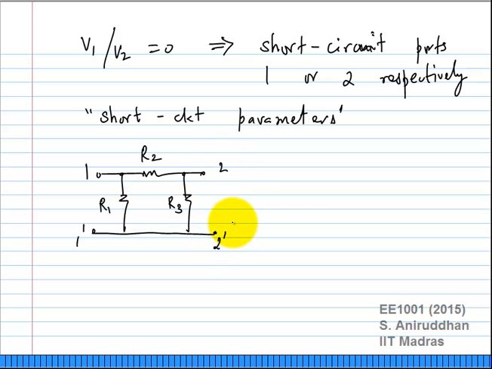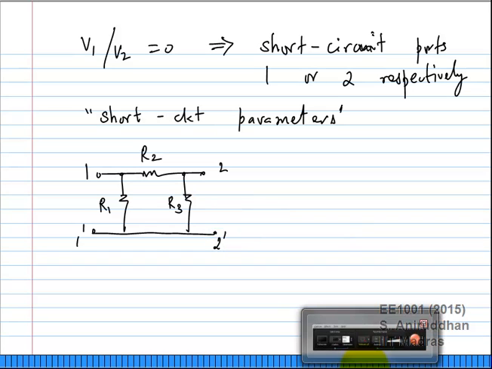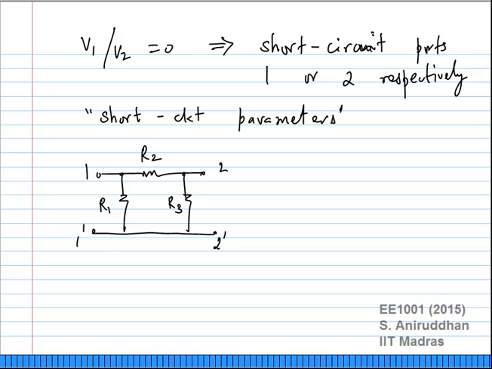Suppose I take this example network. Can you find out the Y parameters of this network? Yes, it's quite straightforward. V1, V2, I1 and I2 are the variables of interest.